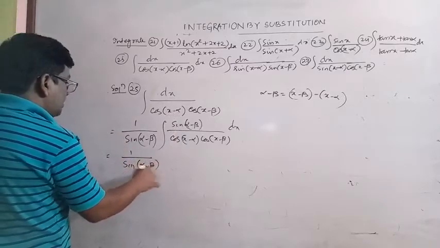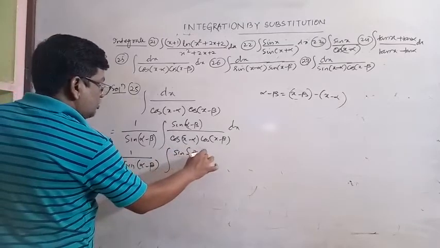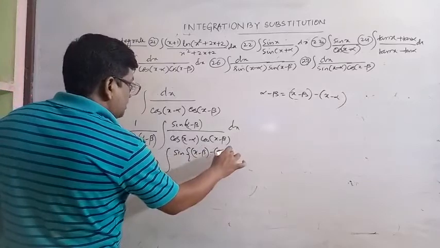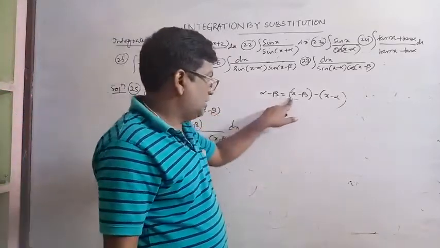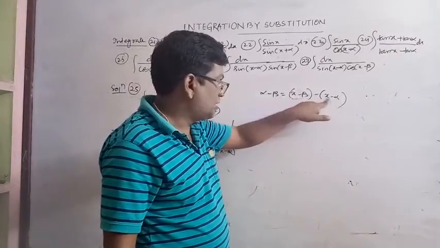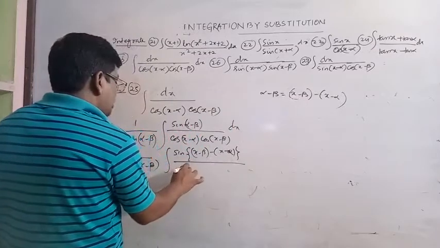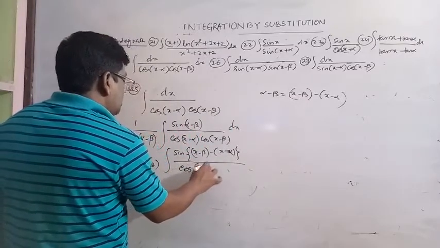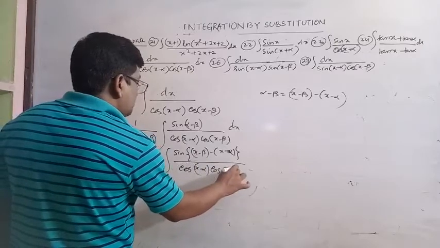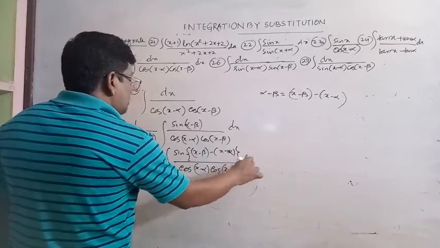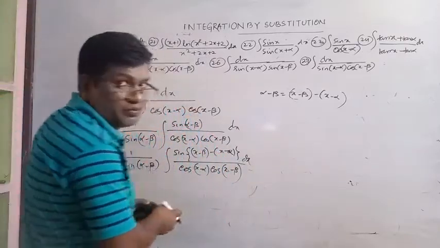So this can be adjusted as 1 by sin(alpha minus beta) into sin of ((x minus beta) minus (x minus alpha)), because minus x plus x cancels, leaving minus beta plus alpha, or alpha minus beta, divided by cos(x minus alpha) into cos(x minus beta) dx. This is the sin(a minus b) formula.